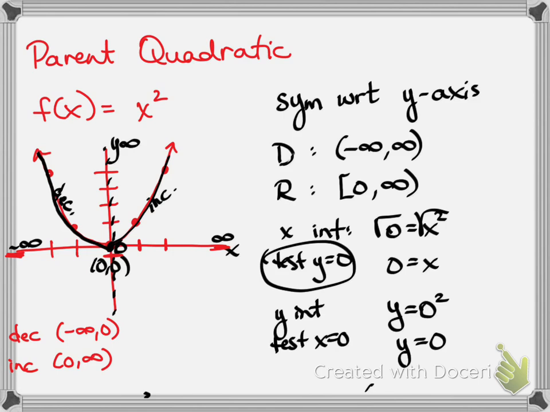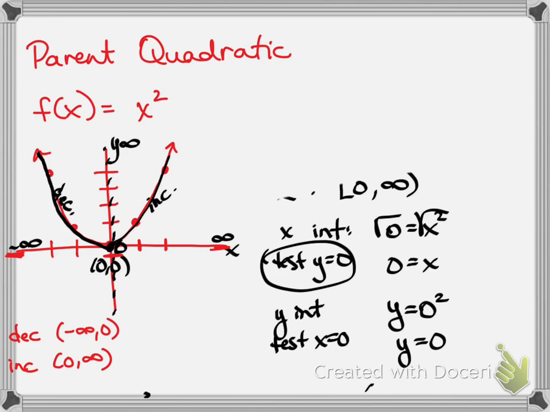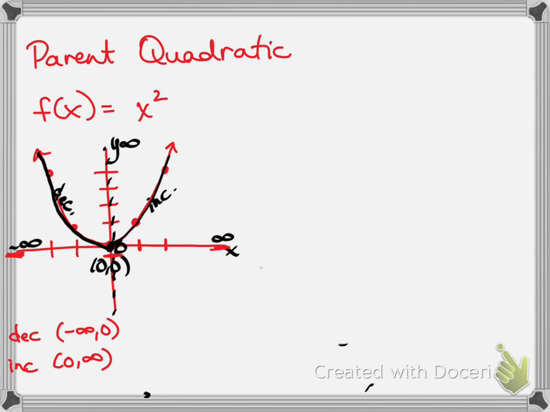Now let's decide if it's even, odd, or neither. I'm going to erase this side so we can talk more. Well, we have tests for even, odd, and neither. We will do f of negative x and see. Well, we plug a negative x in and we square it, we get a positive x squared. That's exactly the same.